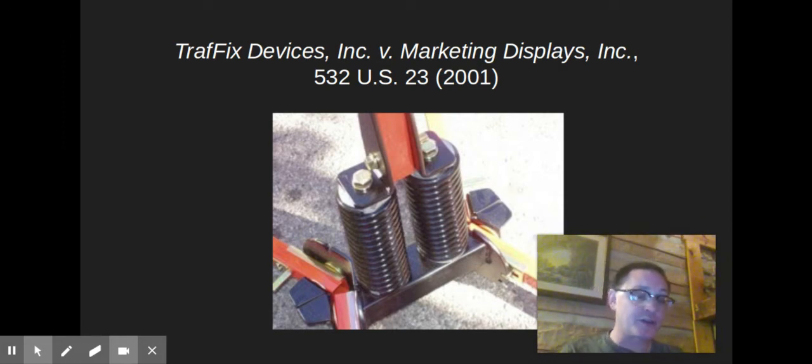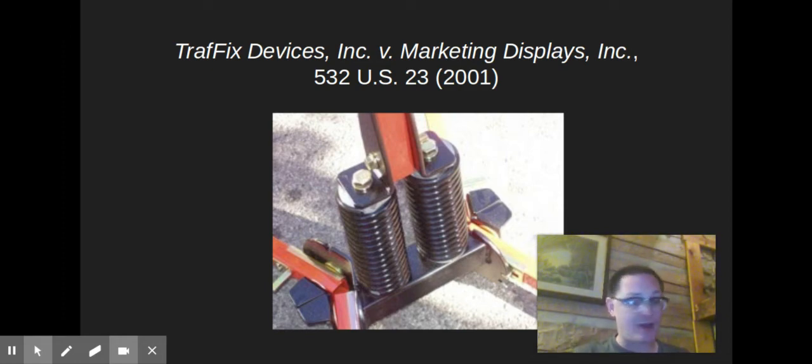So these are the utility patents in relation to a design that enabled the road signs in question to move back and forth in the wind based on a two-spring design that enabled them to have smaller bases and blow over less frequently, right? So this is a patented design that makes the road signs work more effectively.